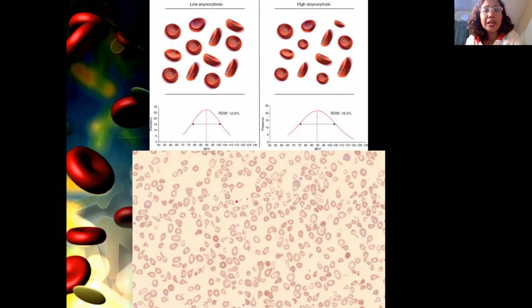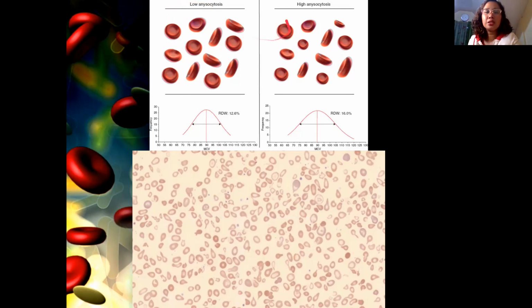If the RDW goes beyond 11%, it could be a sign of anisocytosis or poikilocytosis, or a dimorphic population, meaning the sizes vary. If your RDW is only 10%, expect the red blood cells to look uniform. But if it goes beyond, like this 12.6%, it could show a slight anisocytosis, meaning there is a slight variation in size.